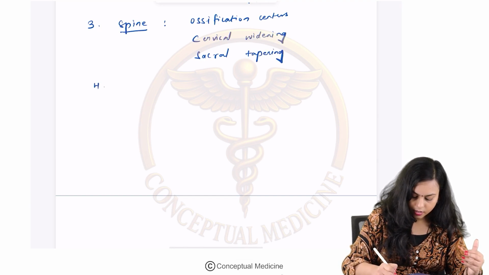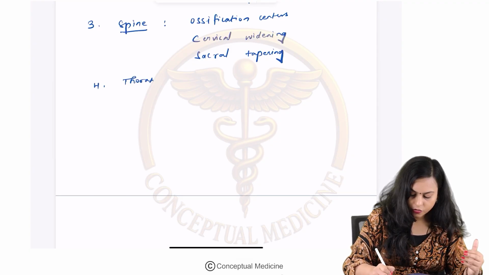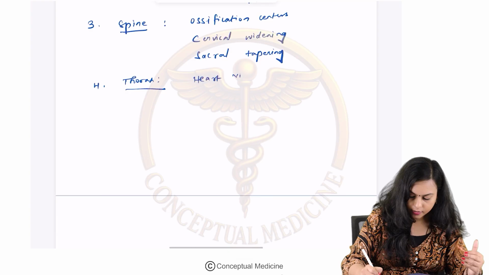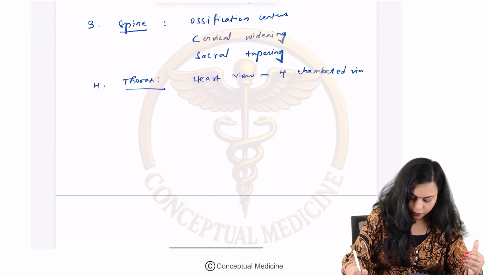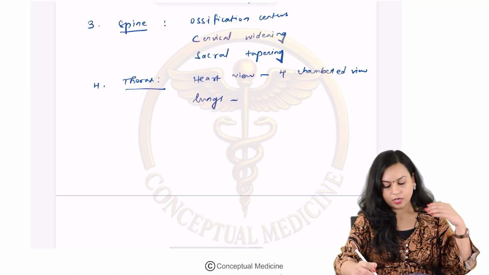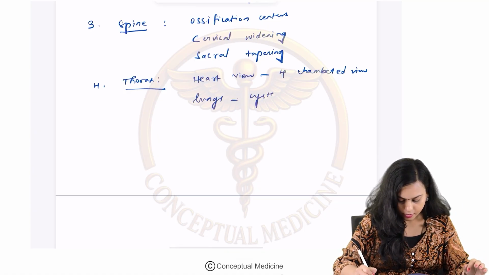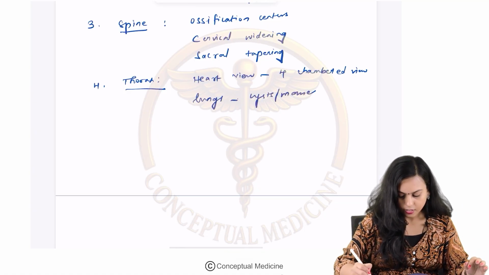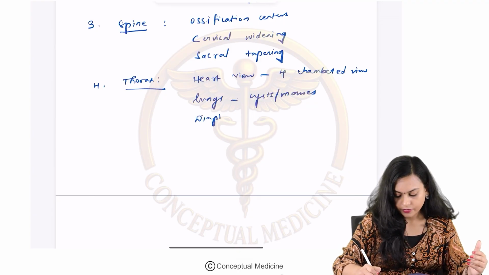Then thorax, you should be able to make a heart view as a 4-chambered view. Heart should be viewed as a 4-chambered view, and you also check the lungs for any cyst or masses if seen, and you have to check if there is any diaphragmatic hernia also.